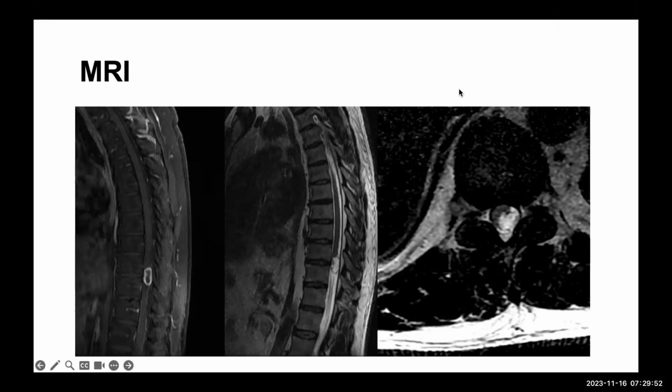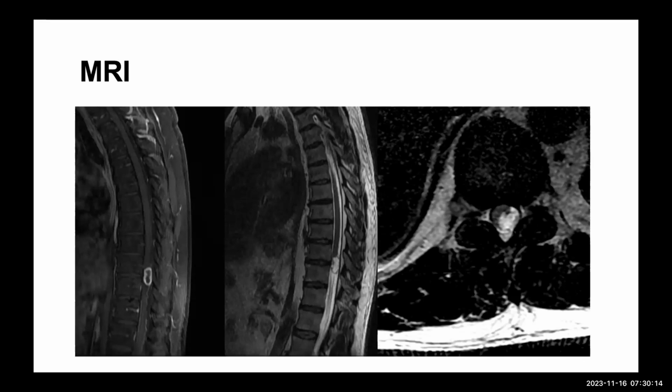For an intradural extramedullary lesion, I think we can think of schwannoma, meningioma. I think those two are the big ones.